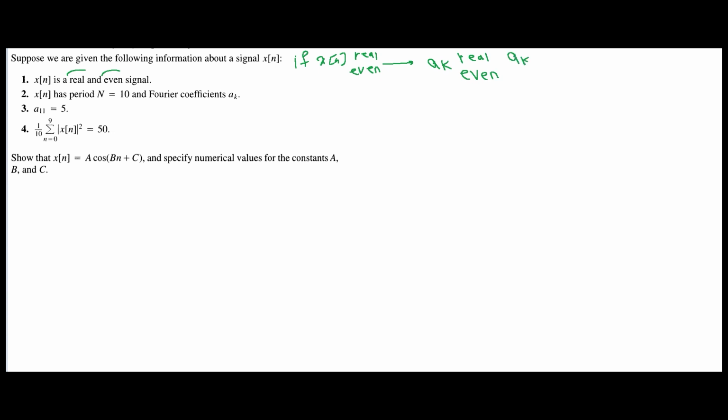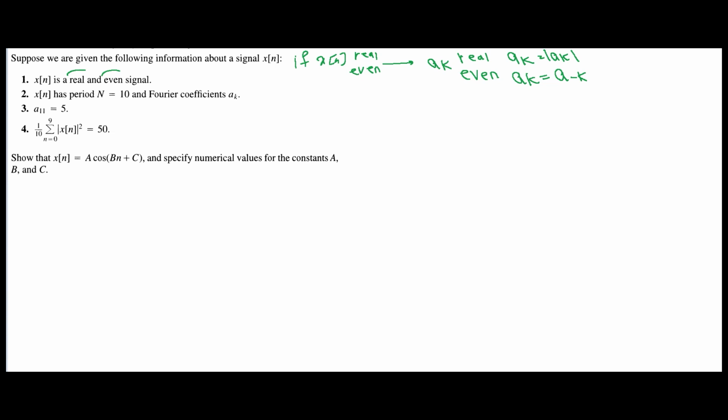Since the coefficients are real valued, each coefficient is equal to its own magnitude. Also, because the coefficients are even, a_k is equal to a_{-k}. This is the first important piece of information we can use.